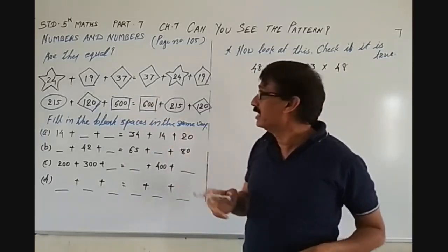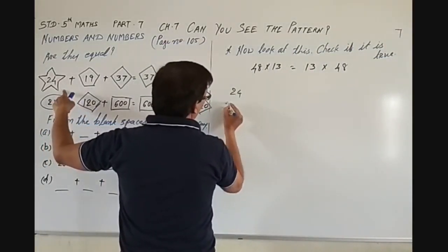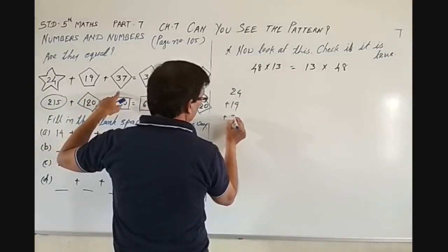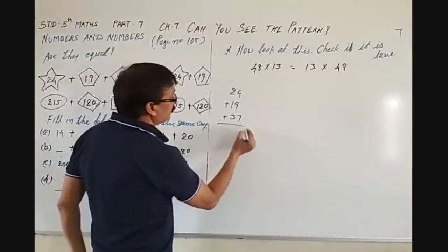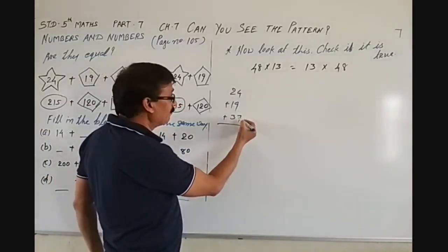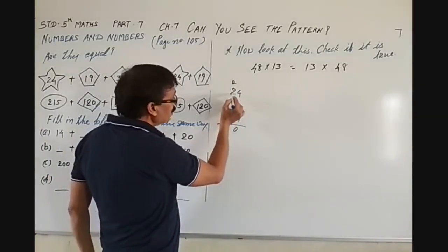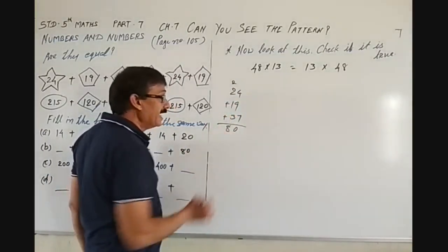So let's add. First of all, 24 plus 19 plus 37. 4 plus 9, 13, plus 7, 20, 0, 2 carry. 2 plus 2, 4, plus 1, 5, plus 3, 8. So 81.